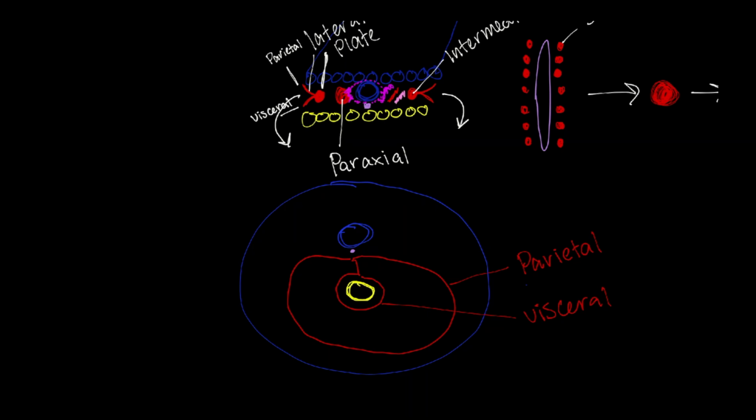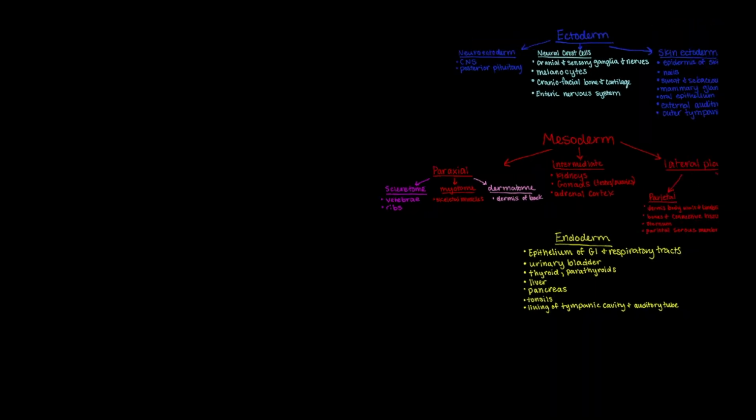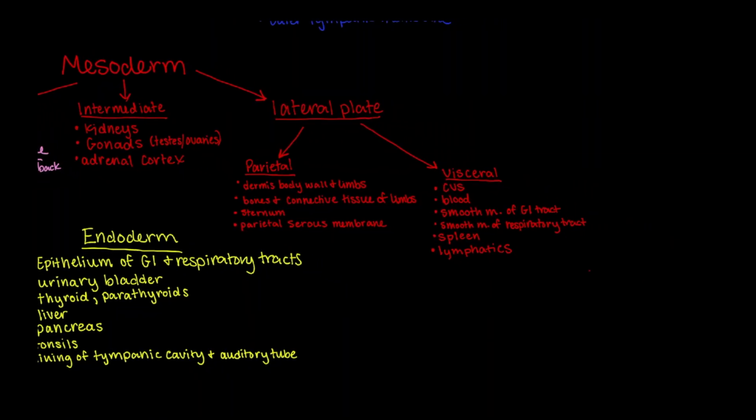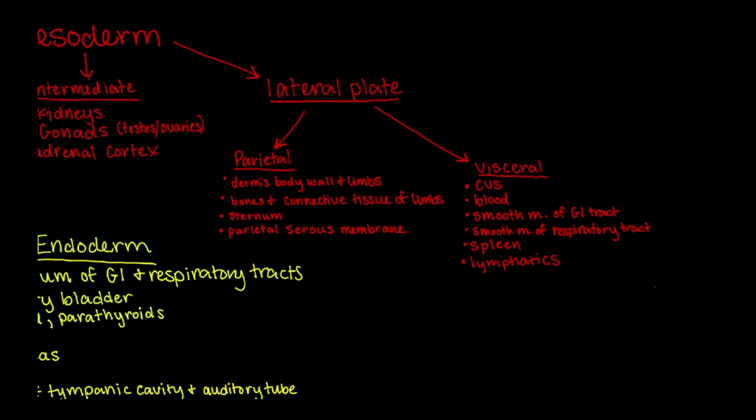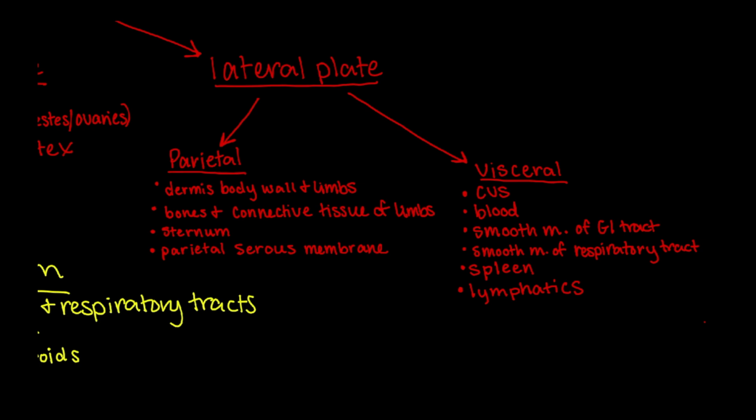the parietal layer will form the body wall. It will also form the dermis of the body wall and limbs. It will form the bones and connective tissue of the limbs as well, the sternum, and the parietal serous membranes. This could be like the parietal layer of the pericardium, of the pleura, the peritoneum.